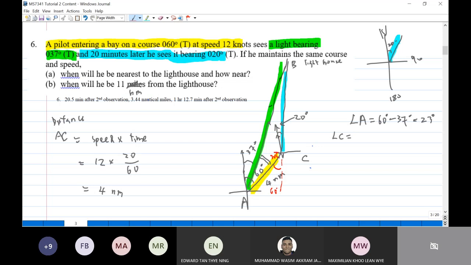Then because this is 20 here, so this is actually 70. Sorry, I think I made a mistake here. Okay, this is north here.